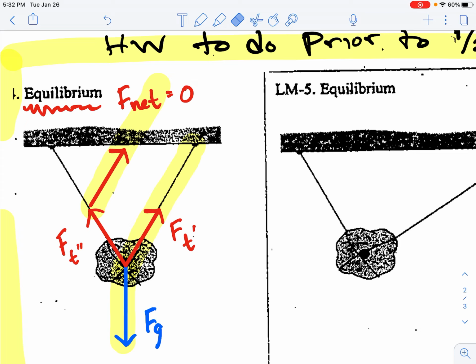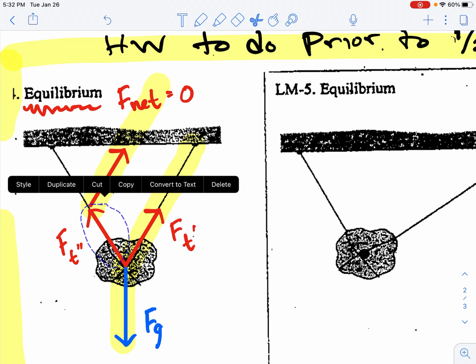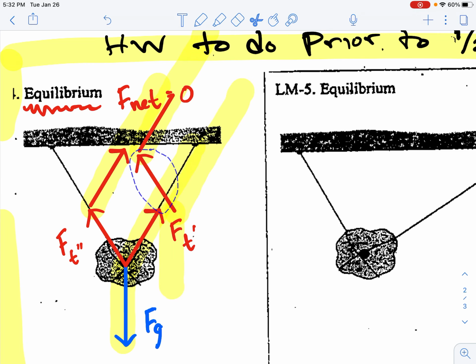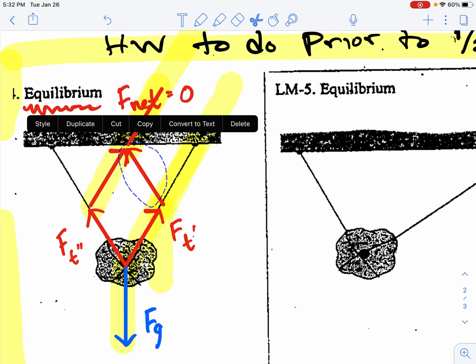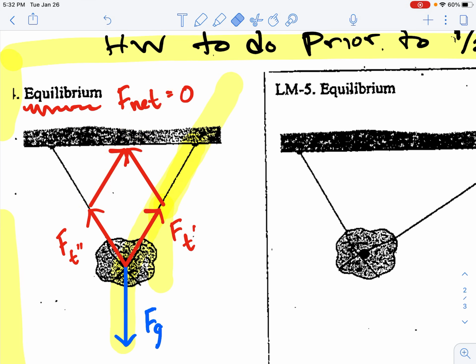So the parallelogram then would be, if I add this one on here, here we go.